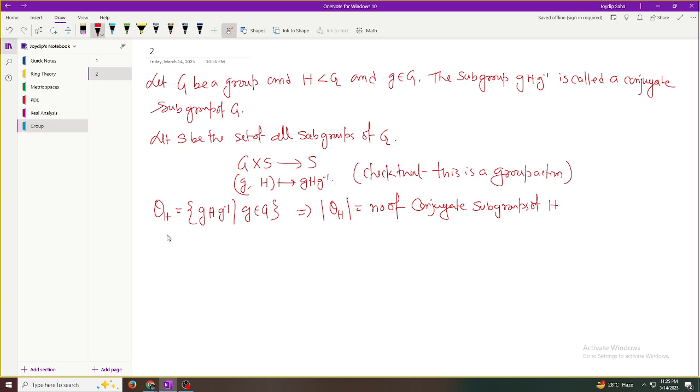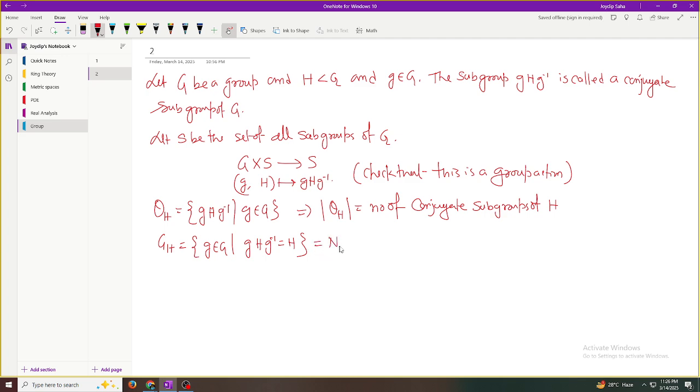Now what is the stabilizer of H? Those g belongs to G such that gHg inverse equals H. So what is this?